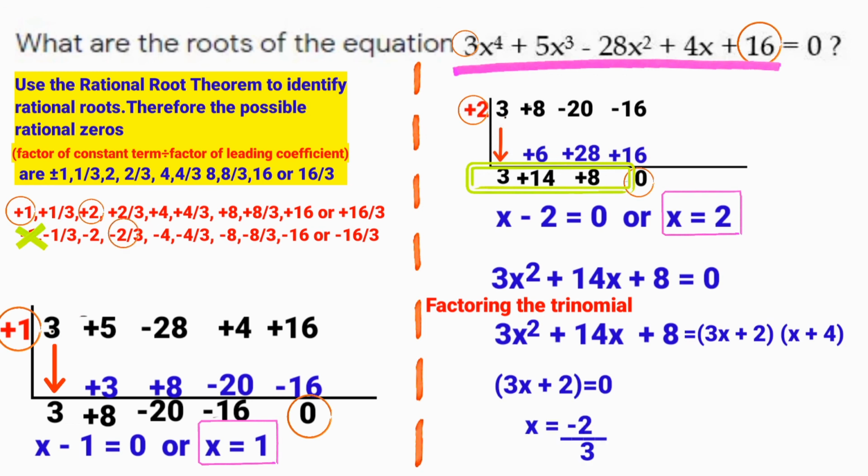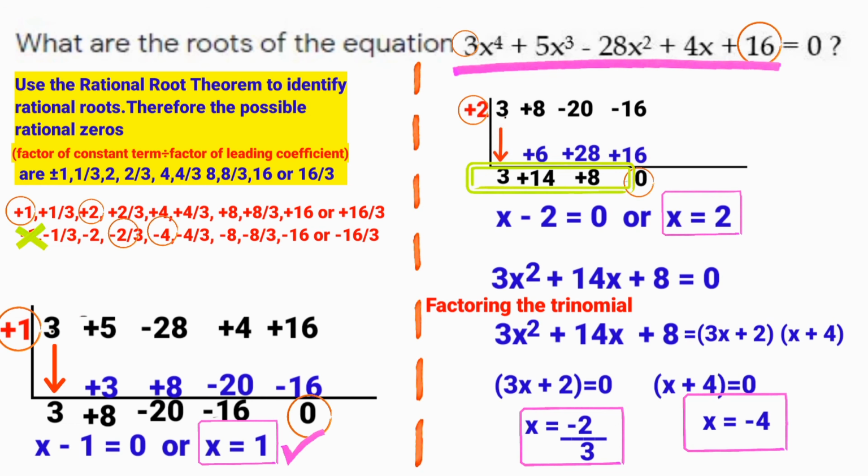And equating x plus 4 is equal to 0, x will be equal to negative 4. The third and fourth roots of the equation are negative 2/3 and negative 4. So the roots of our equation are 1, 2, negative 2/3, and negative 4.